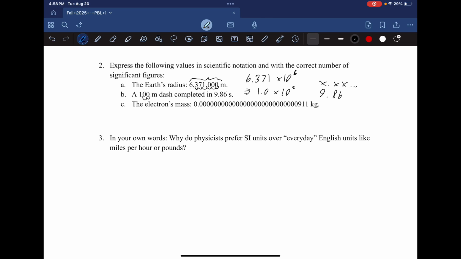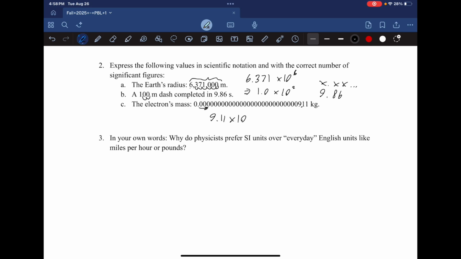So now we have the electron's mass. We've got a whole bunch of zeros and 911 kilograms. So I counted this ahead of time. You can double count if I'm wrong, but this is 24 spaces that we would move it to the right, giving us 9.11. So we move it this way to the right 24 times until the decimal ends up right here.